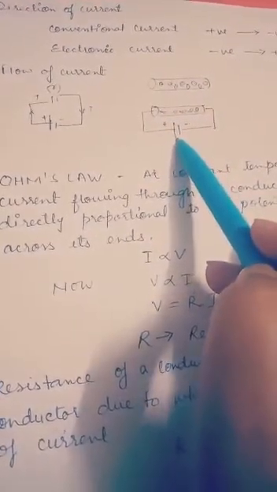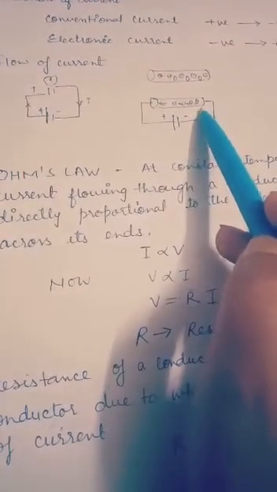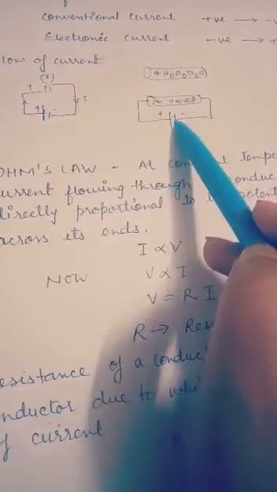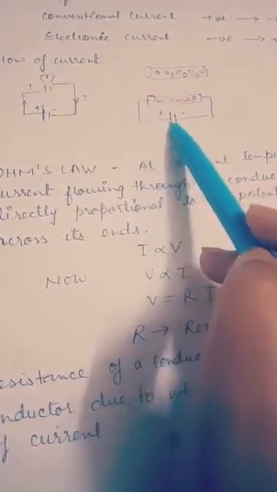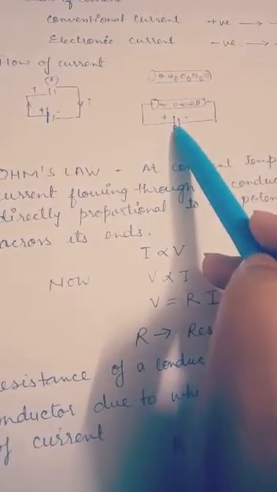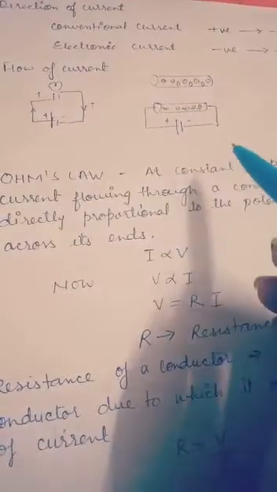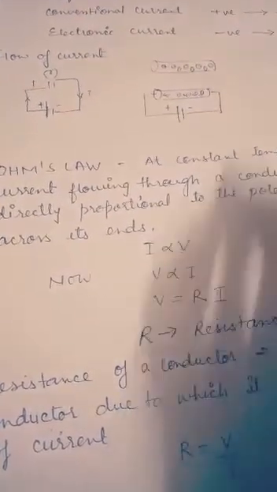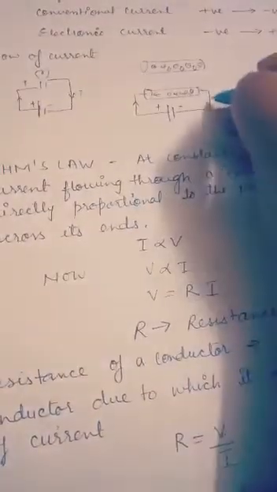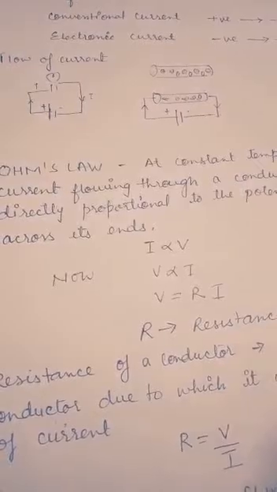A potential difference will be developed across the wire, and the electrons which are generated at the negative terminal will flow from the negative to the positive end. They will be attracted towards the positive end, and this will give rise to an electric current, and the direction of the electric current will be from positive to negative terminal as we say it.